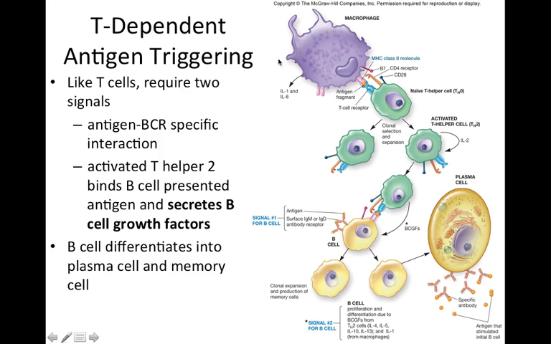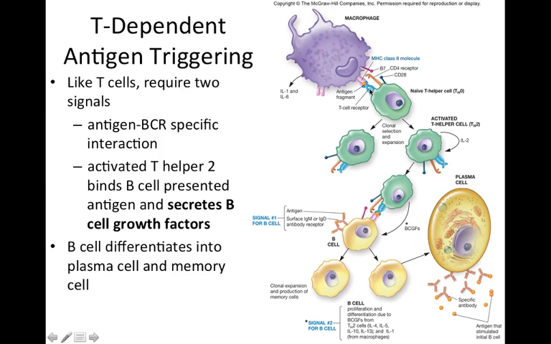So this is looking closer at the activation of B cells by T cells. So this is an antigen-presenting cell, which presents to a T helper cell, which is naive. So it needs to be activated in order to function. So this is looking a little bit closer at some of that activation.